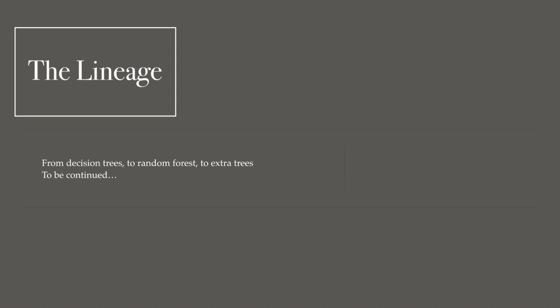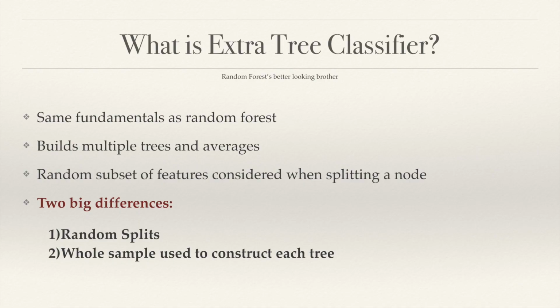So extra tree classifier is a variant of random forest. It follows a lot of the same fundamentals as random forest. Like random forest, it builds multiple trees and averages them. It also uses a random subset of features to consider when splitting a node at each tree. But there are two big differences between extra tree classifier and random forest.